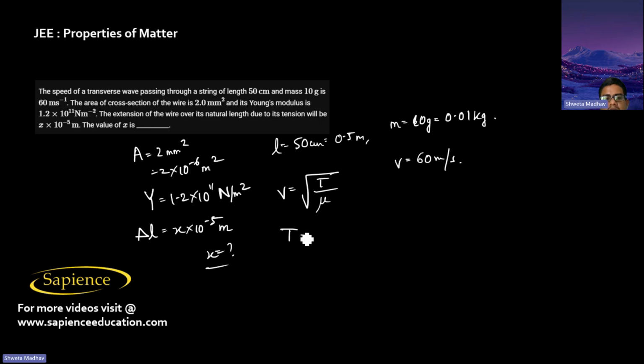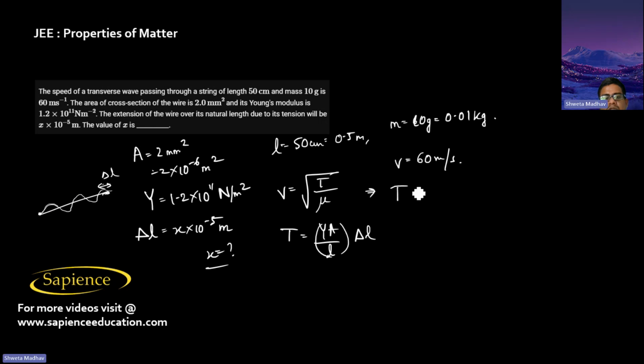So now we can say that T, the tension force acting on the string where the wave is formed, so that some extension of the wire will happen, that is delta L. So T will be equal to YA by L into delta L. From here, velocity they have told.